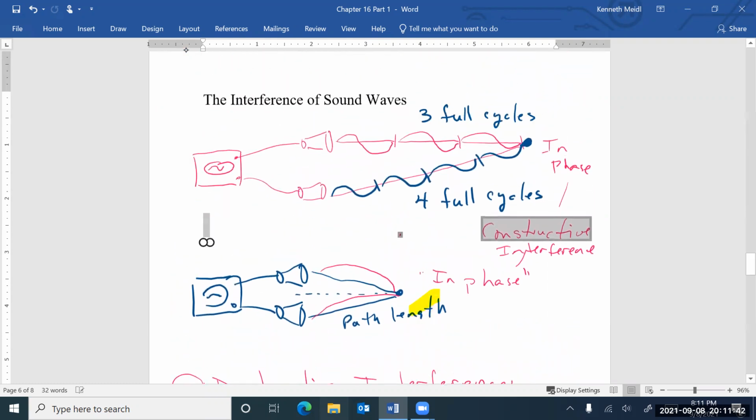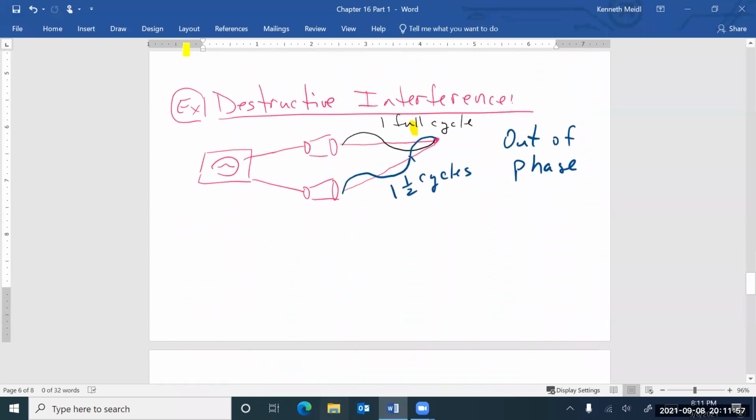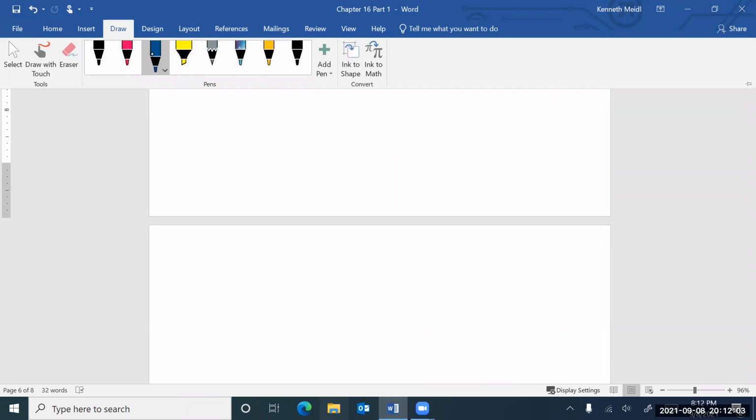Up here, the extra path difference is that right there. The extra path difference there held an entire wave, and so they arrive now in phase. And if that makes sense to you, then you really have this whole thing figured out. There's really nothing more to it than that.